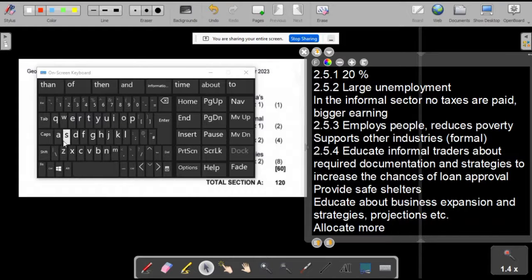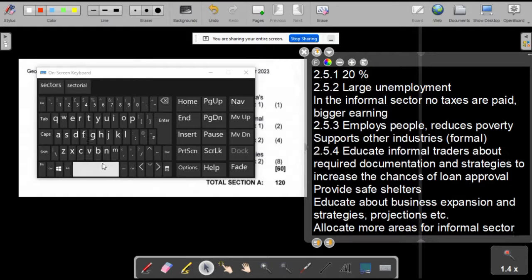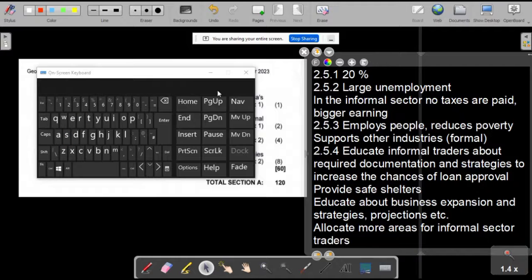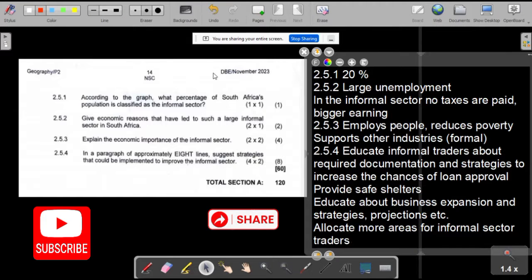So allocate more areas for informal traders. There's a lot more that these people are facing, guys, that we have to counteract. There's a lot more that can be done.